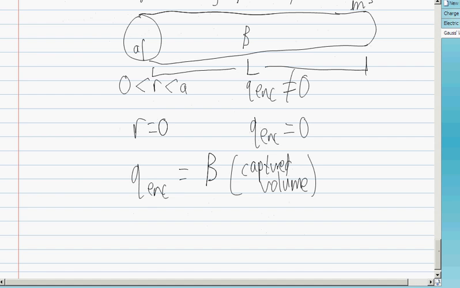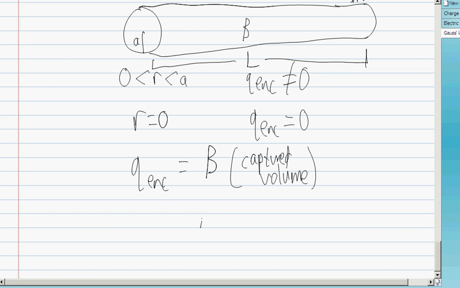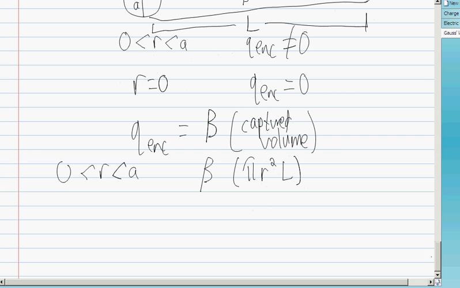So in this case, it's going to be beta, for R from 0 to A, times pi R squared L. And we're dealing with the volume, not the surface area now. Yeah, see, I forget too sometimes. I don't want to write it either. But here we are, peeps.